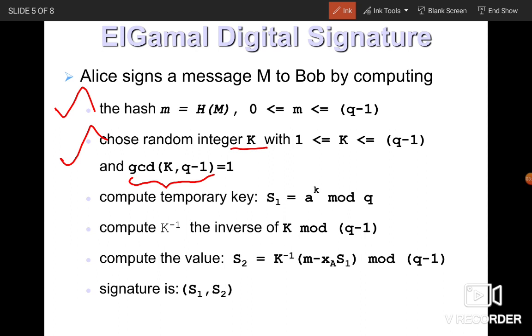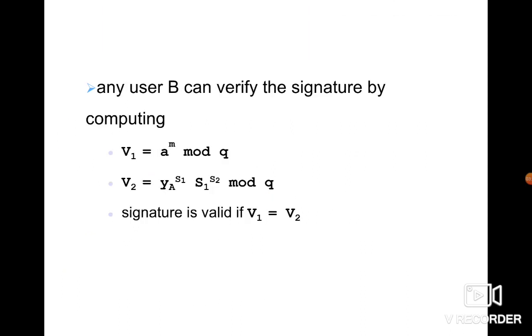Then she has to calculate two signature components S1 and S2. The S1 formula is A power K modulus Q, and for S2 the formula is K inverse times (M minus XA into S1) modulus Q minus 1. Thus we have the signature, which consists of two components S1 and S2, and it is transmitted to the receiver.